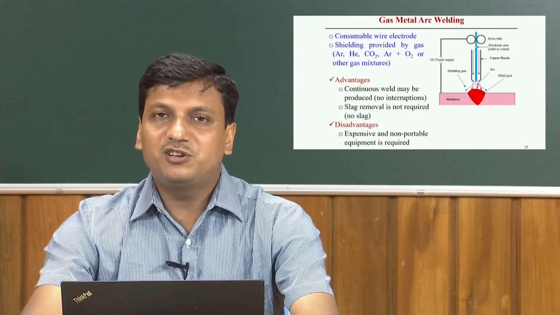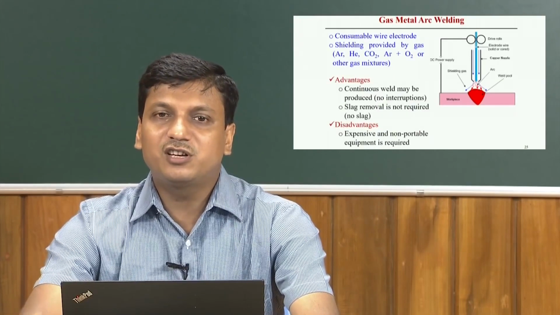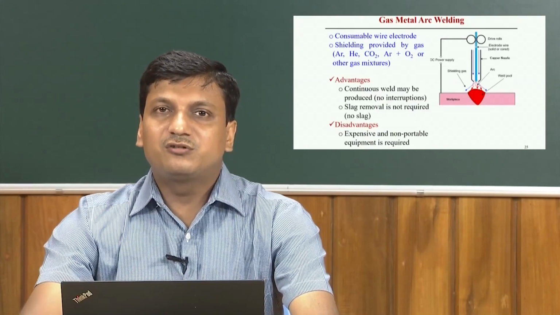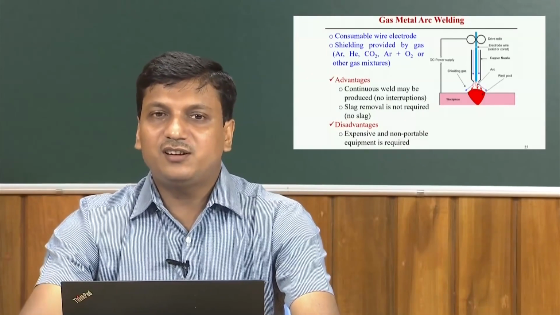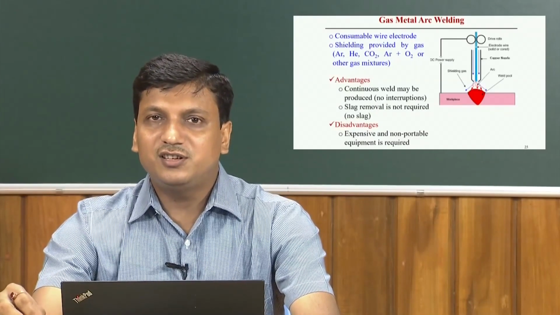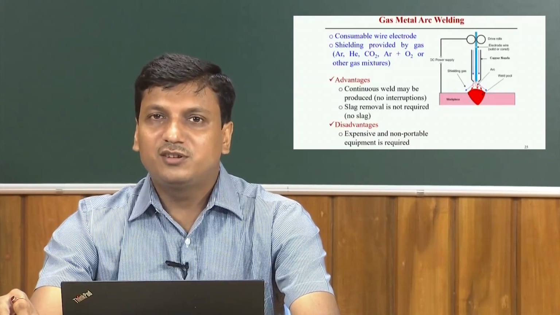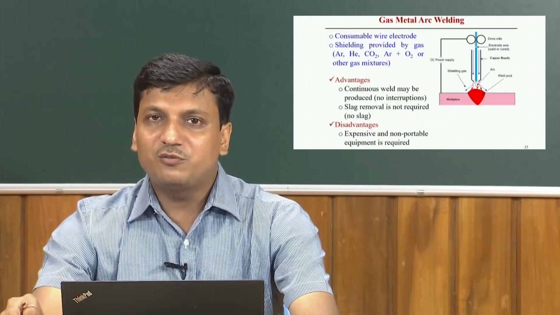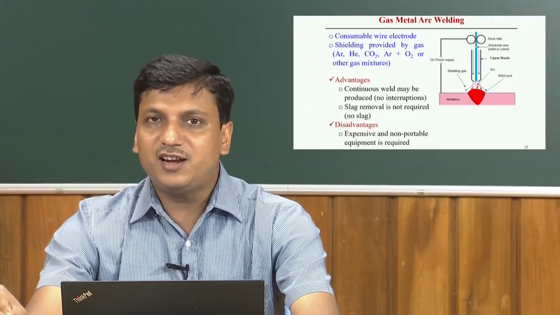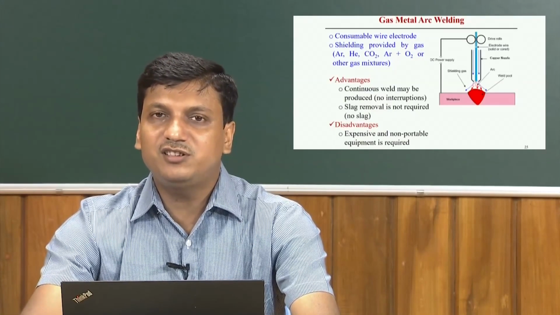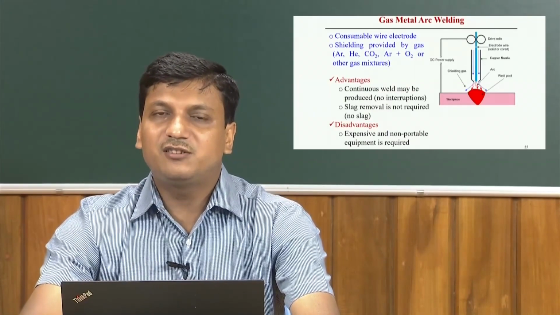After the finishing of the welding process, slag removal is not required. That is why this gas metal arc welding process can possibly be automated, and in that sense it is advantageous as compared to the shielded metal arc welding process.